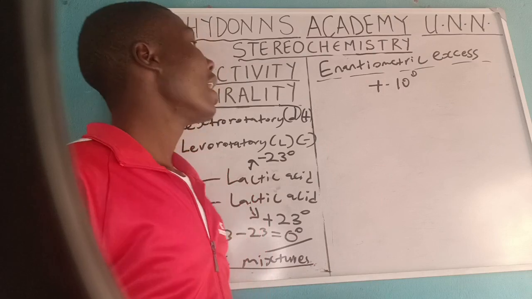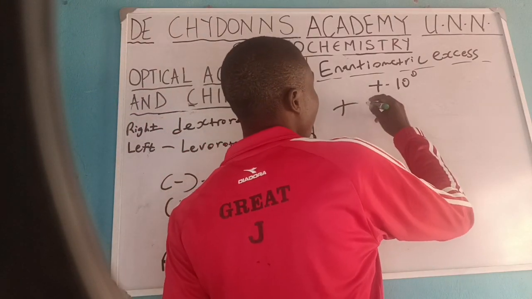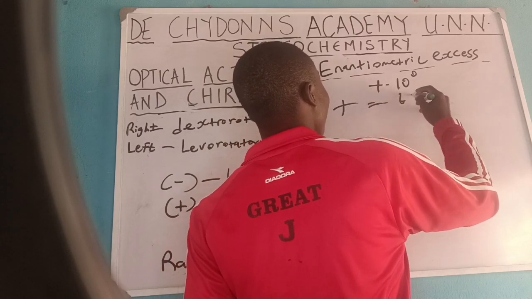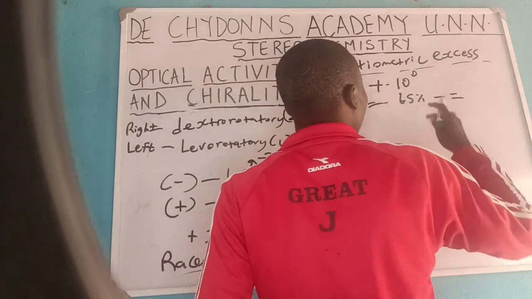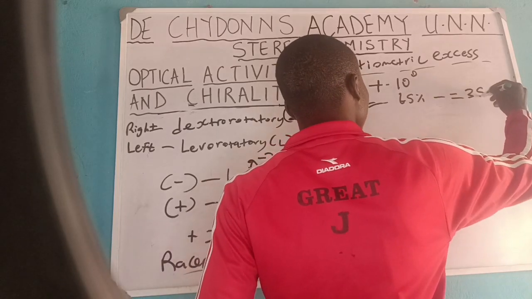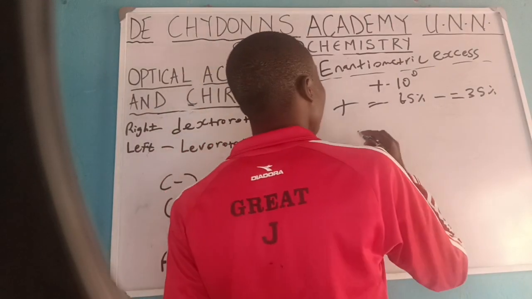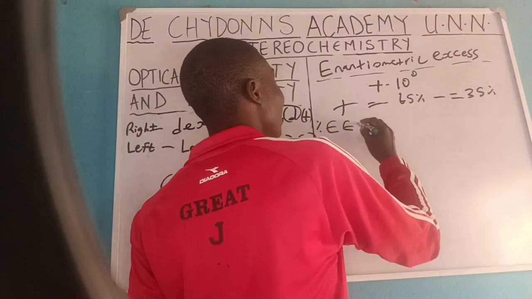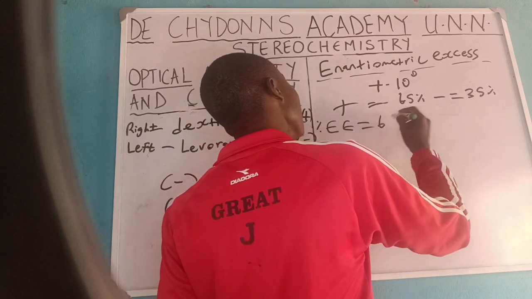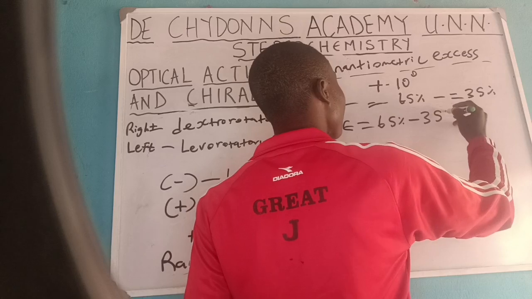For example, let me assume that in a molecule you have the dextro aspect as 65% of the mixture, and then for the negative, that's the levorotatory, you have it as 35% of the mixture. That makes up 100%. The implication is that the enantiomeric excess here is now going to be 65% minus 35%.